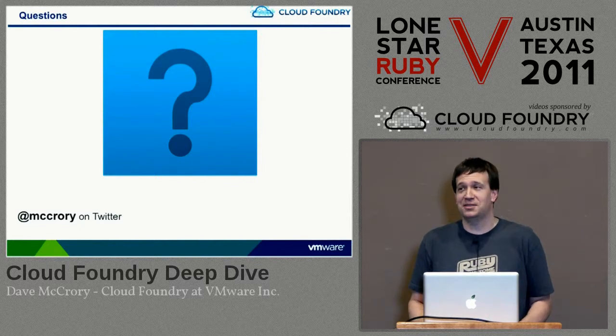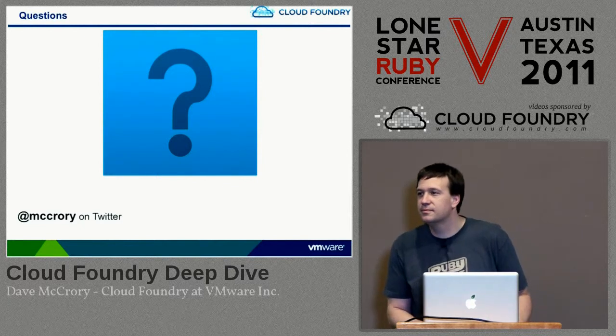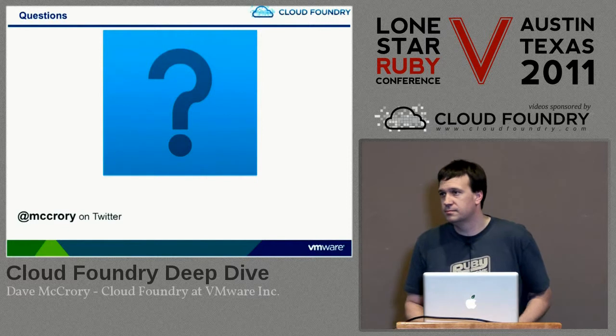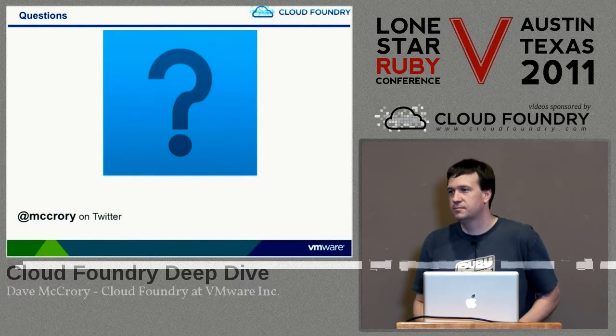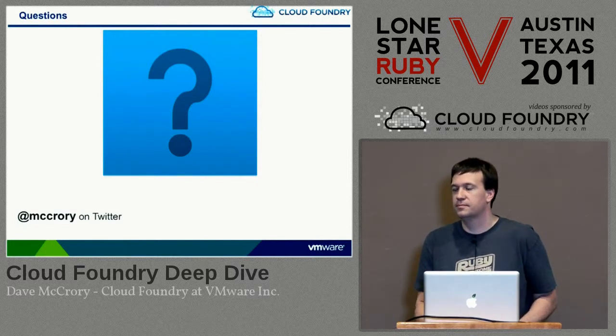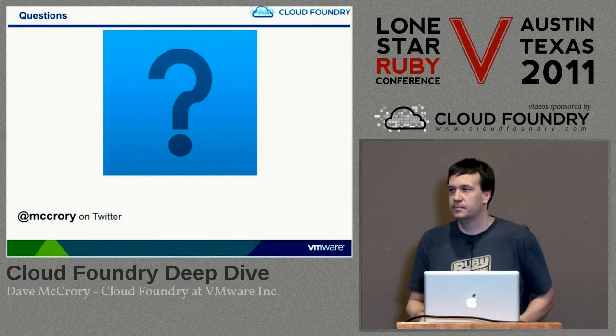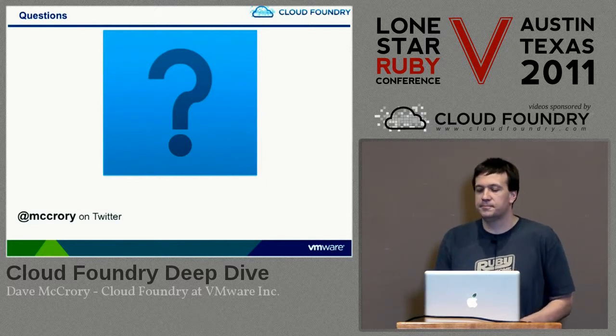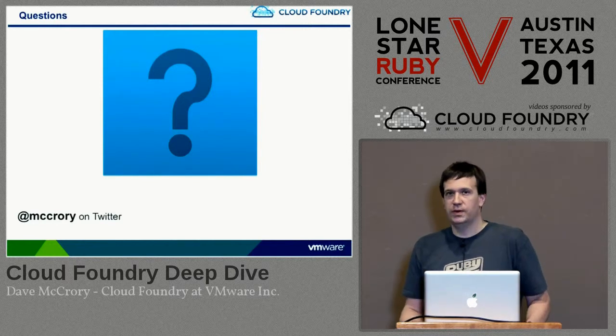Questions? Yes? When you add a database like Mongo, does it automatically handle, like if you have a cluster set up, notify, or do you just have to use the API to get, okay, I have new Mongo, and then do the normal Mongo stuff to add that to the clusters and shards? So that is planned right now with the service that's open. You can't choose replica sets or shards.